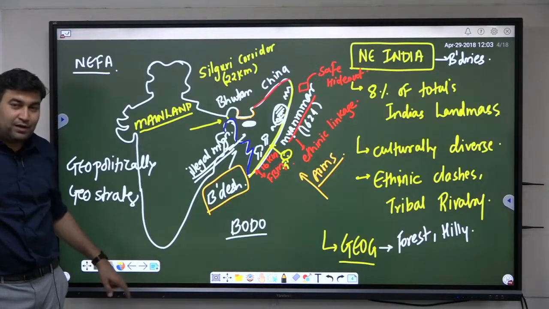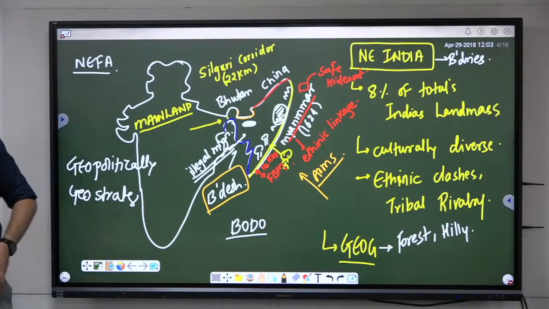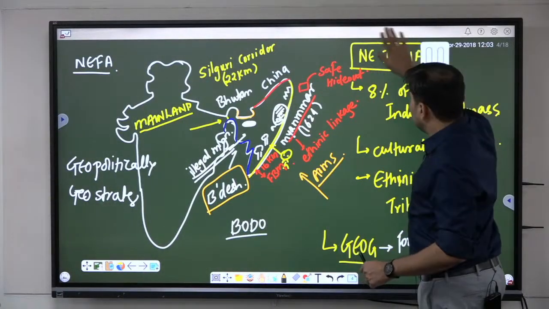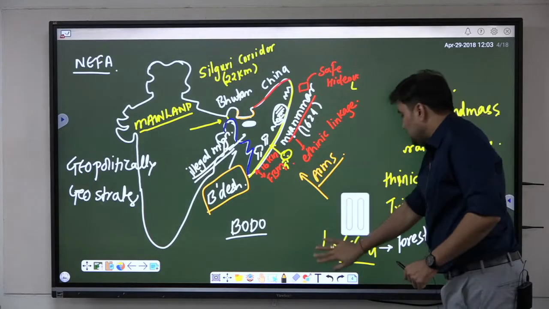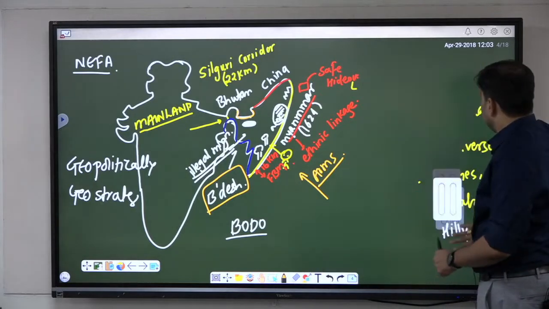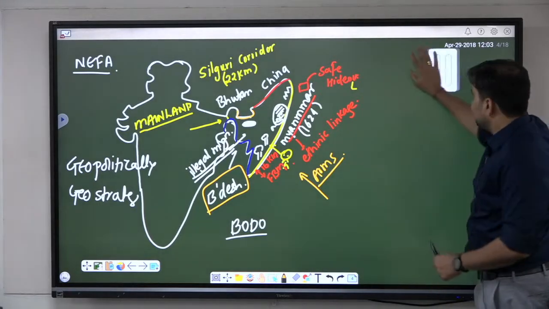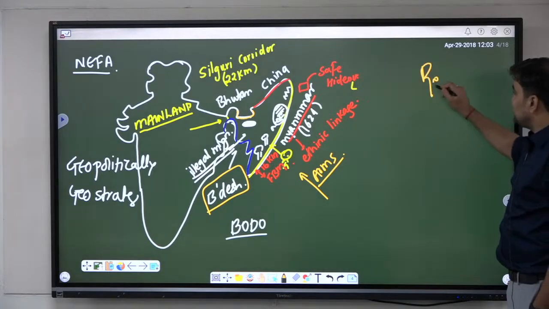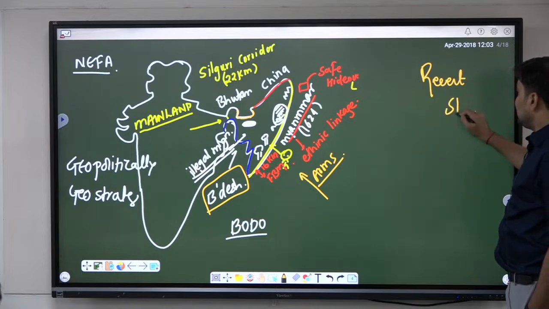Now you write as per this Ministry of Home Affairs. Generally what we see, if this is Northeast India, we generally tend to see recent status. Don't write, first listen.